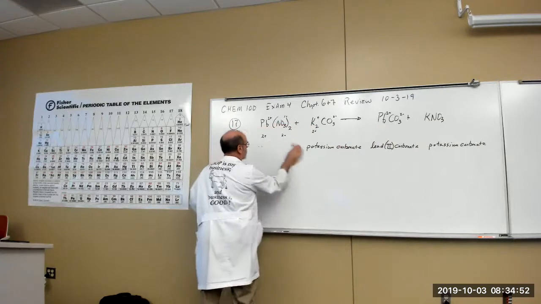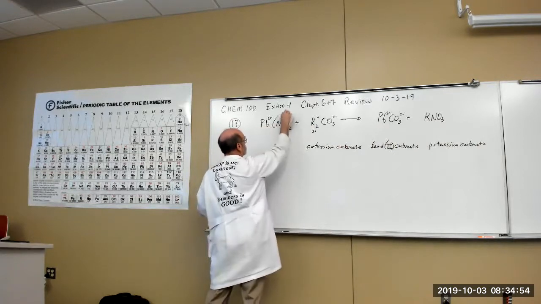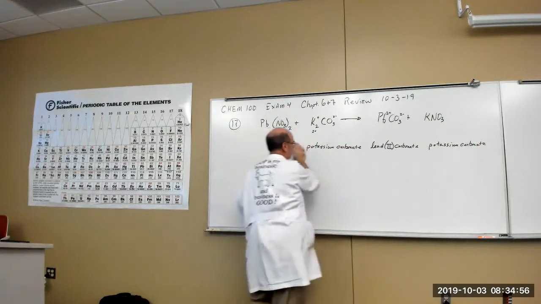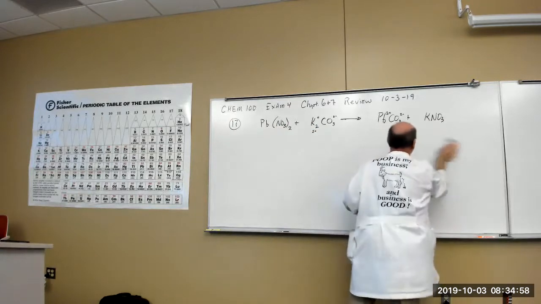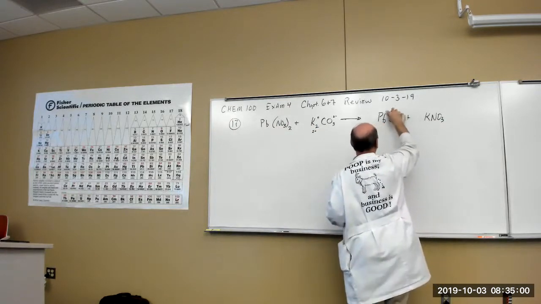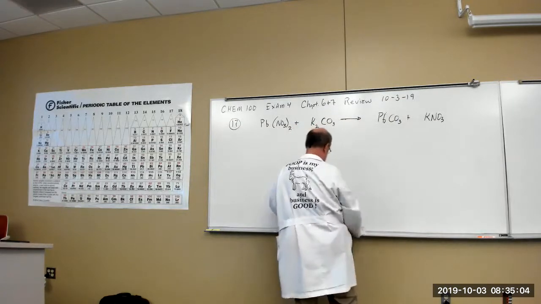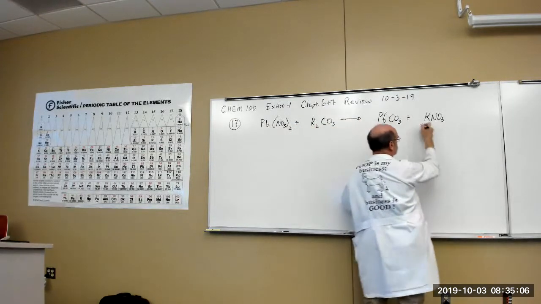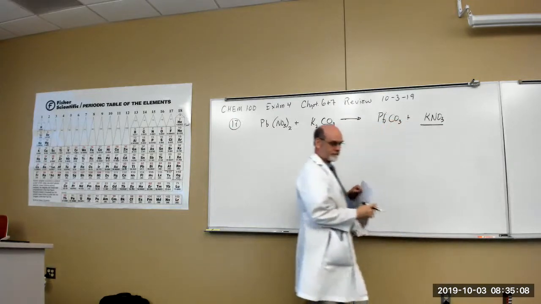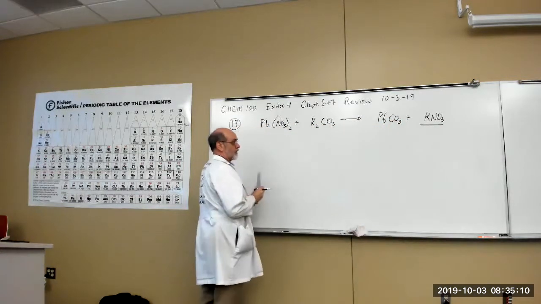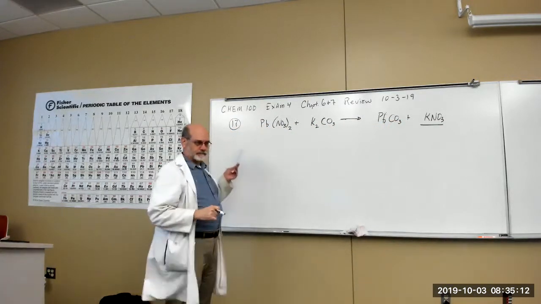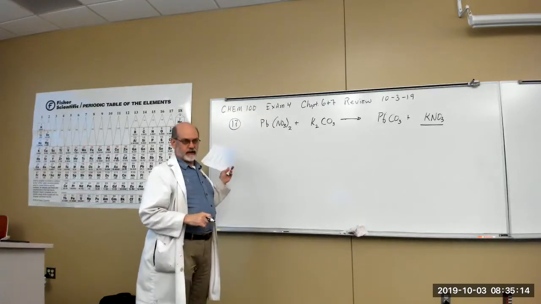Okay, so now let's go to balancing this equation, because that's the only way we're going to answer the question. The question is, what's the coefficient in front of that one? So here's an opportunity to use the other trick that I gave you.